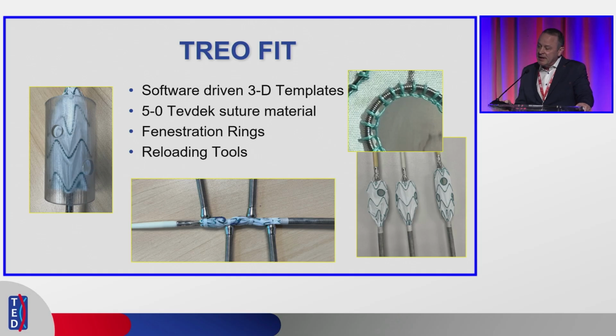So, TreoFit. We now have software-driven 3D printed templates. We use standardized materials, including 5/0 Tevdek suture, which is what they use on the graft. We use fenestration rings that are reinforced, and you can see those 3 physician-modified endografts in the bottom right panel there.